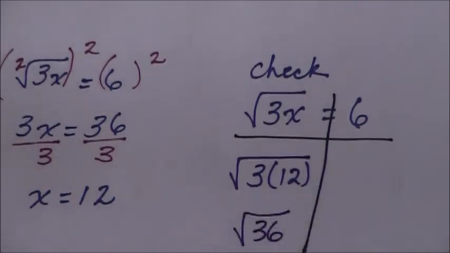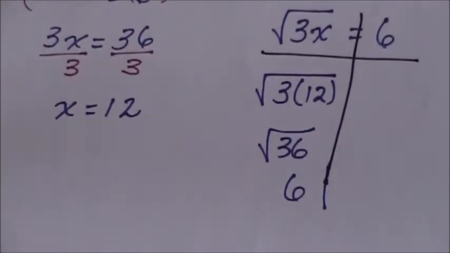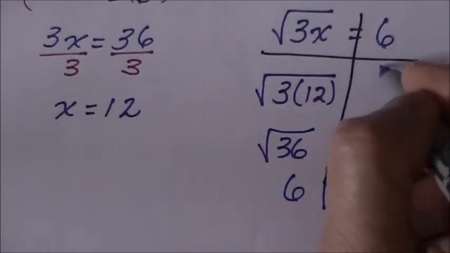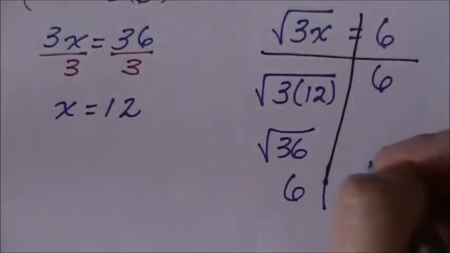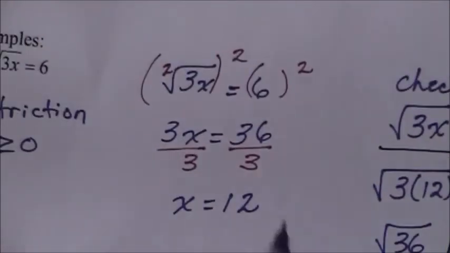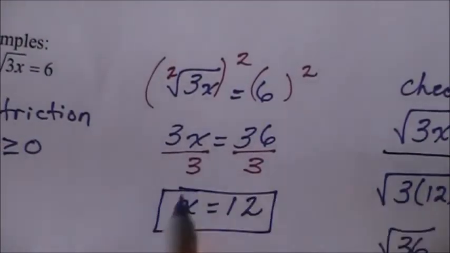And the square root of 36 is 6. So we have 6 on the left-hand side. Looking at the right-hand side, we have our 6. Comparing the left and the right-hand sides, they are the same, which means this answer here is indeed our final answer.